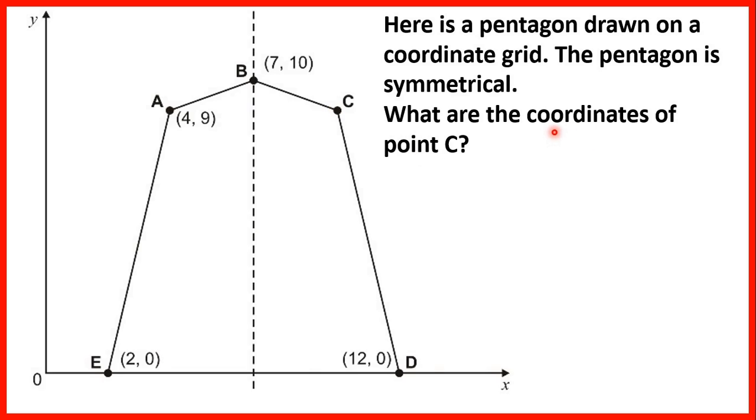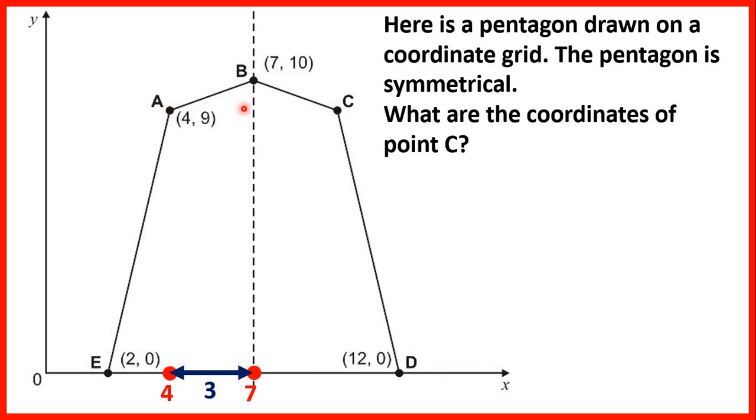So when we're doing coordinates, we find the x-coordinate first. We don't know what the x-coordinate will be for C, but we can work it out, because we're told that the x-coordinate of A is 4. We also know that the x-coordinate of B is 7, so that's a difference of 3. 7 is 3 more than 4.